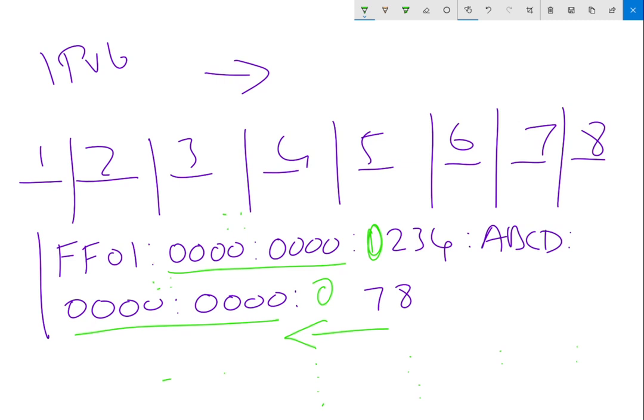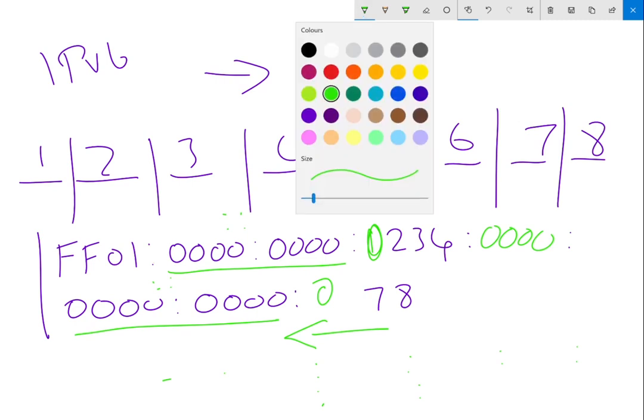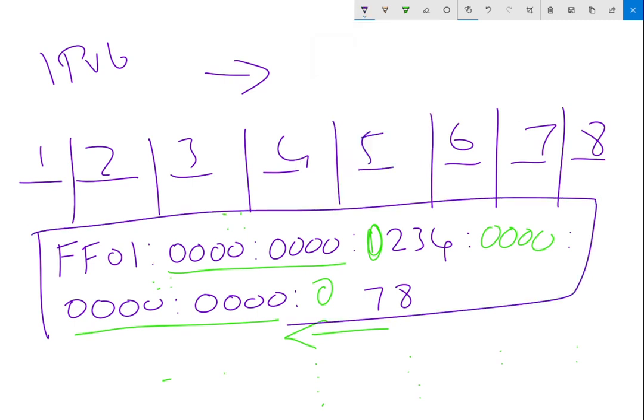For easier understanding, let's make this one also 0000, okay. Let's assume this is our IP version 6: FF01, 0000, 0234, 0000, 0000, 0000, 0078. In that case, you have 2 consecutive zeros here and 3 consecutive zeros here.